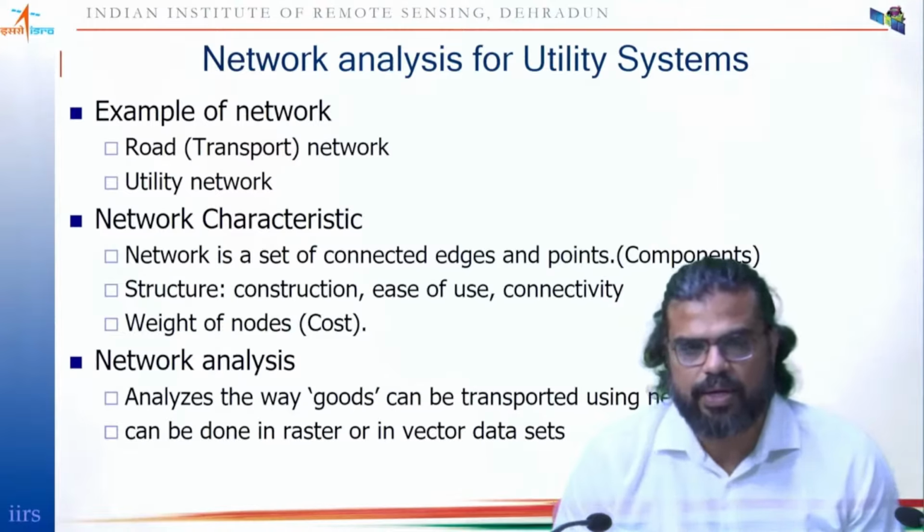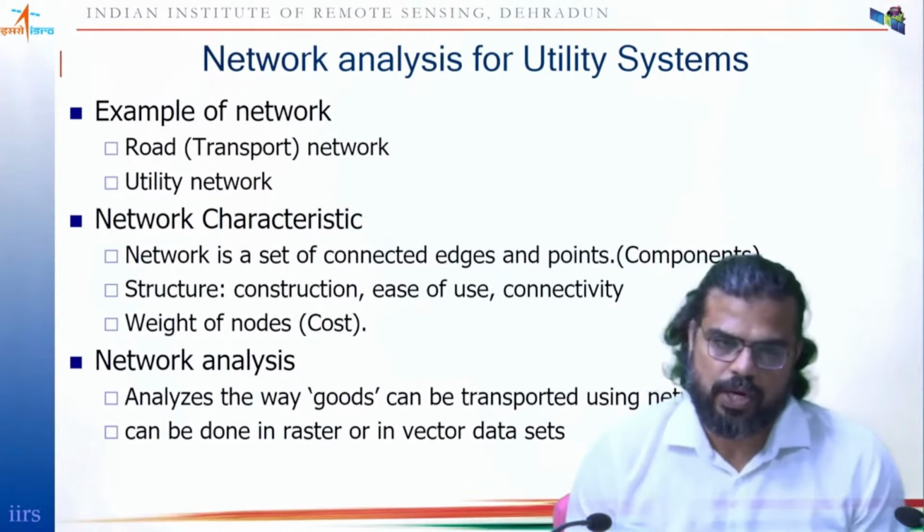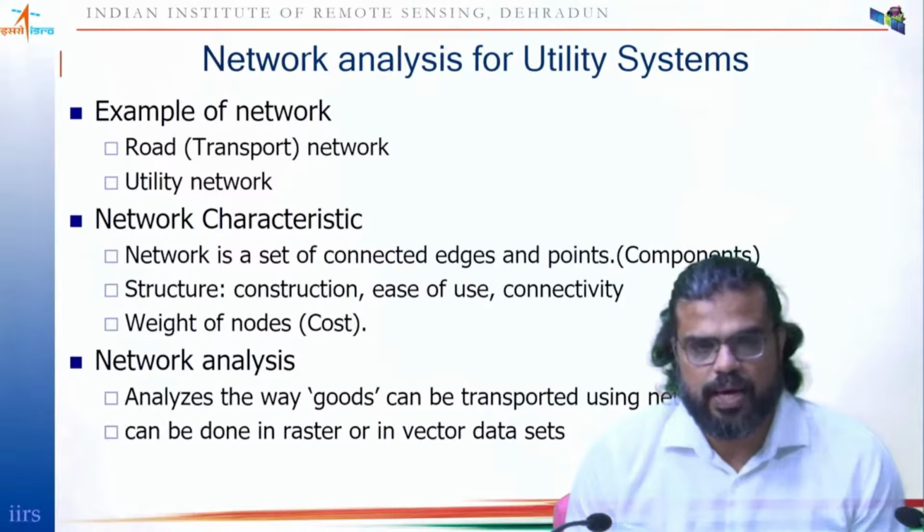This is quite widely used to find out a catchment area for a river, or maybe the delineation of different flows of materials which happen on earth. So where raster datasets are there, you can also carry out network analysis.